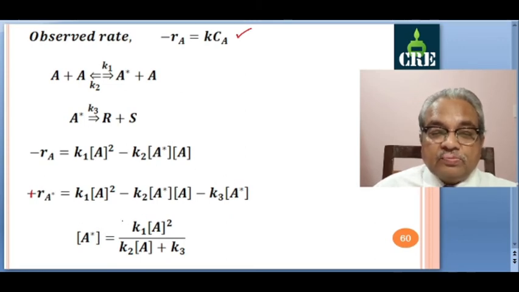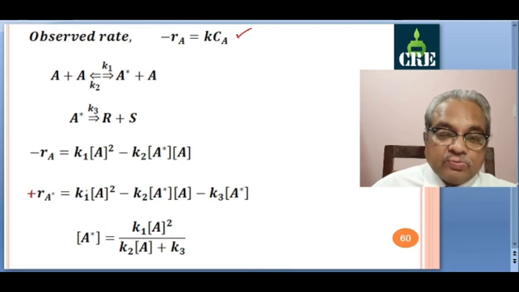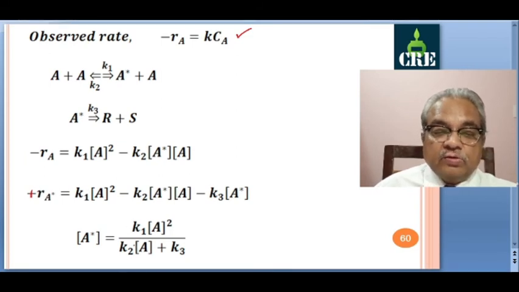So this net rate of A star is equated to 0, and when you equate it to 0, A star can be written as K1 A square in the numerator, and in the denominator you have K2 into A plus K3 term.